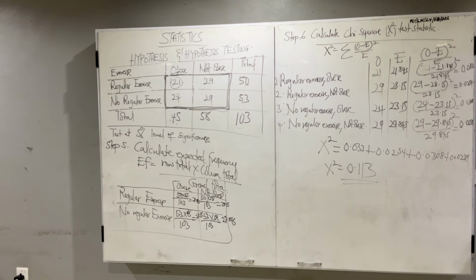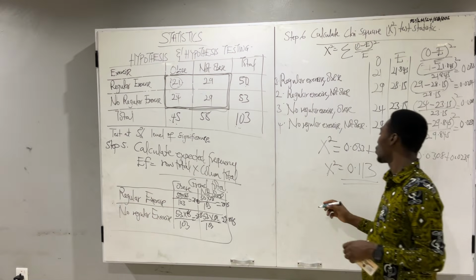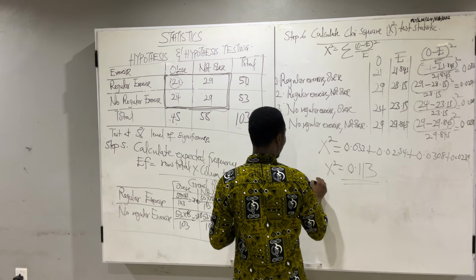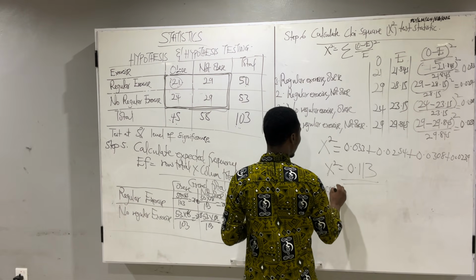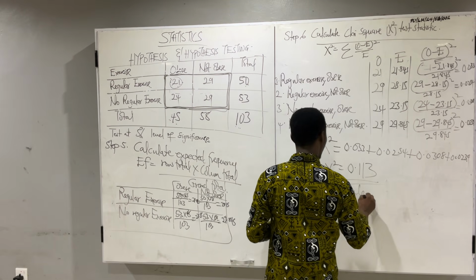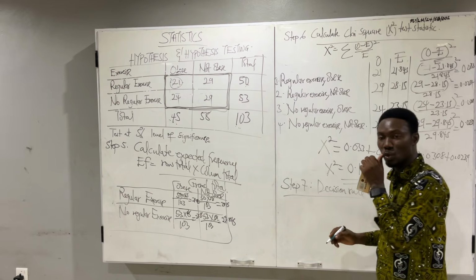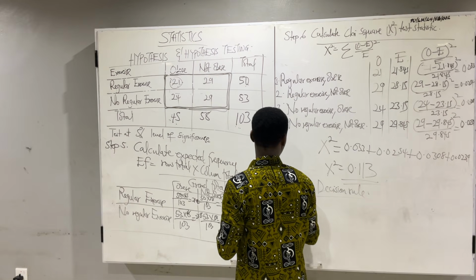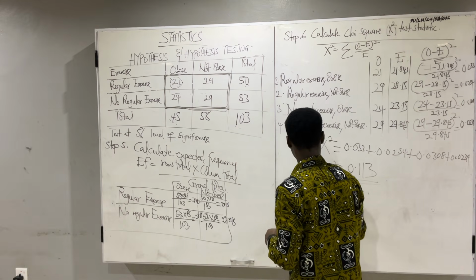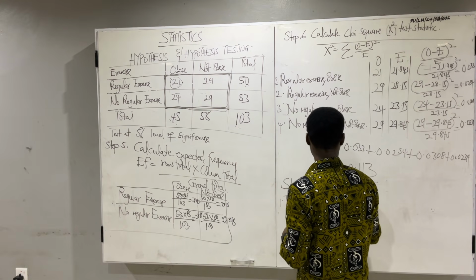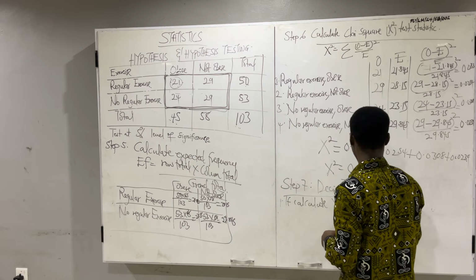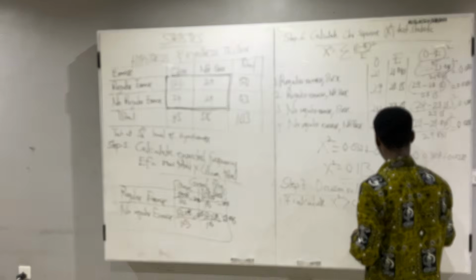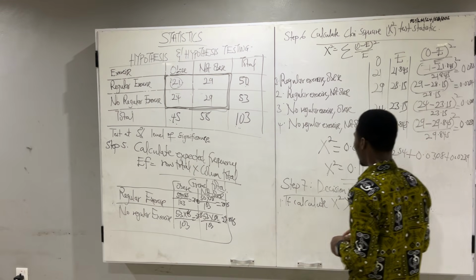Okay, then now we move on to step 7. Step 7 is the decision rule. Now, in the chi-square test, there are 2 decisions. Decision rule 1: if calculated chi-square is greater than critical value, reject H0.